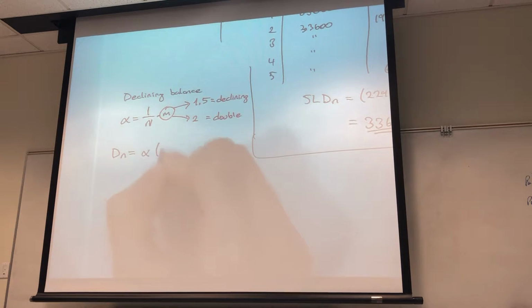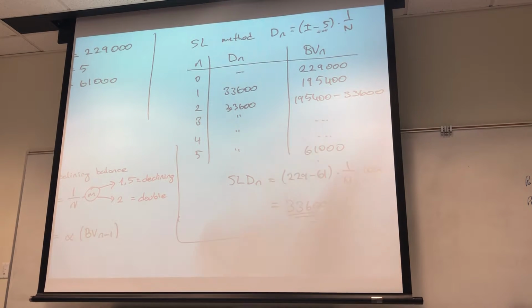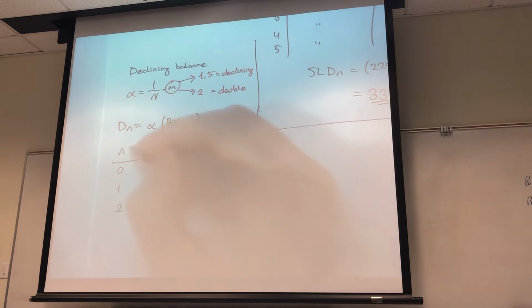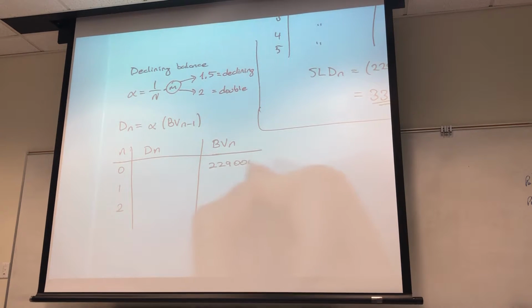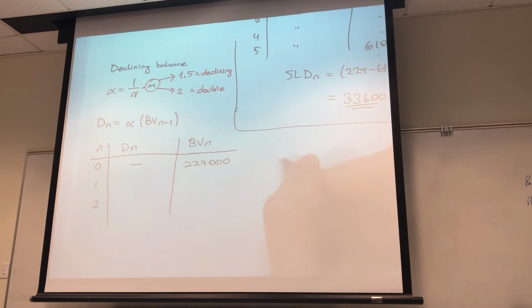N 0, 1, 2, and book value. Okay, first let us write alpha, which is 1 over 5 times, since we're going to be consistent, 2 as the multiplier. This will be just 0.4. This means we're going to depreciate 0.4 of the value every year. Every year, 40% of it goes back.